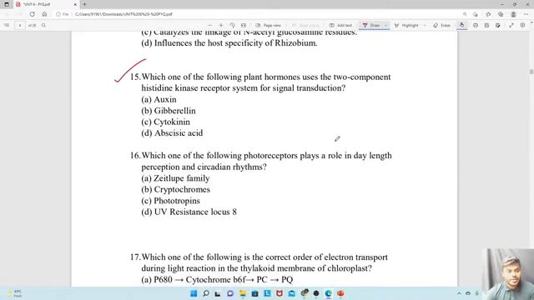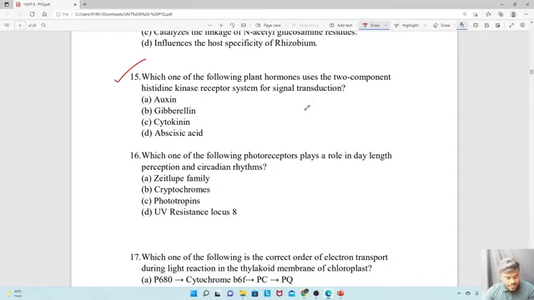Question number 15. See, what about others?